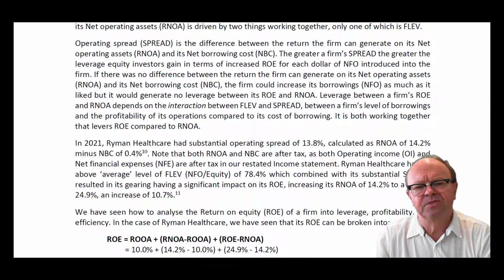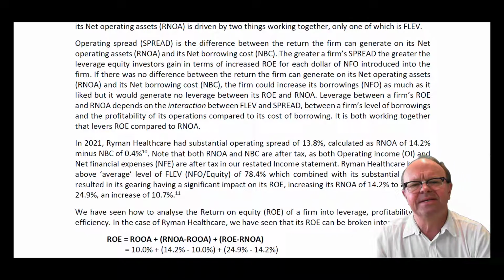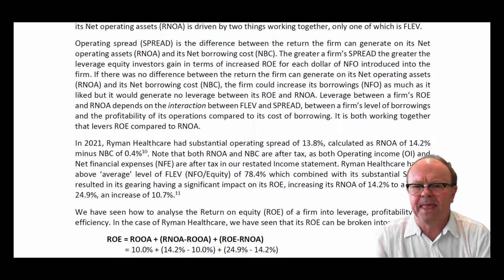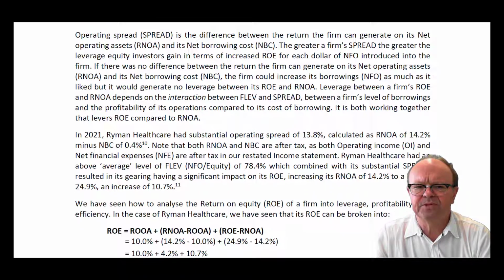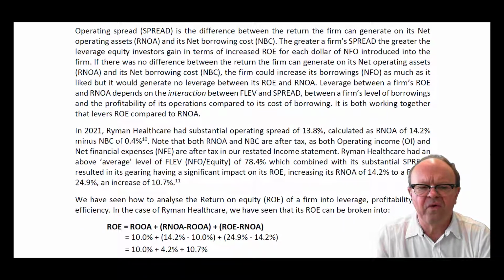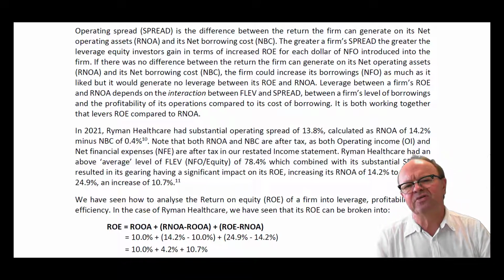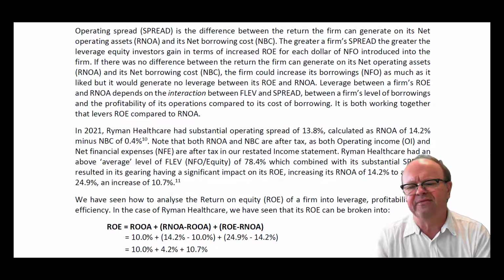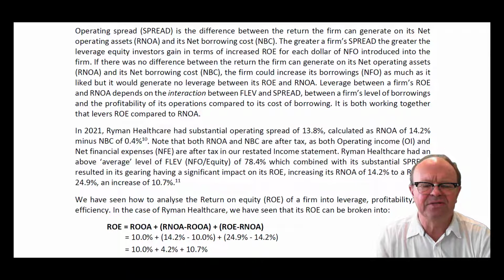Operating spread is the difference between the return the firm can generate on its net operating assets, return on net operating assets, and its net borrowing cost. The greater a firm's spread, operating spread, the greater the leverage equity investors gain in terms of increased return on equity for each dollar of net financial obligations introduced into the firm.